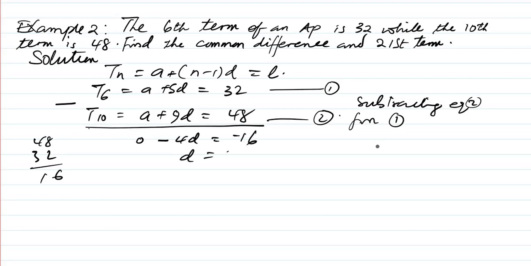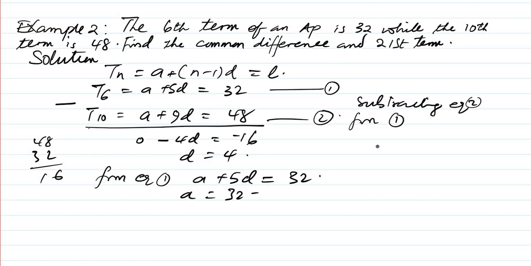So d will be equal to 4. To get a, use equation 1: a plus 5d will be equal to 32. So a will be equal to 32 minus 5d, which is 32 minus 5 times 4, and that gives you 32 minus 20, which is 12.